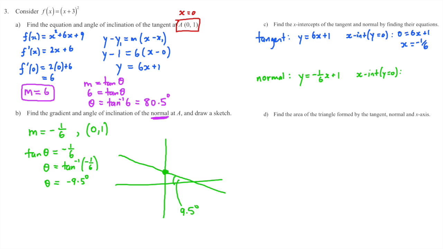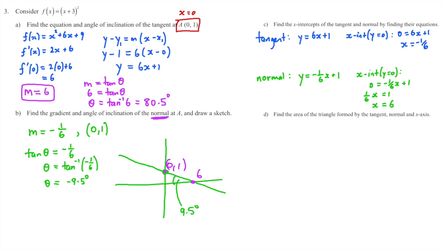If I let y equal 0, I get 0 equals minus 1 over 6 x plus 1. I'll add the 1 over 6x to the other side, times both sides by 6, and there's my answer. So the x-intercept is 6. So if I go back over to this graph, that's at 6, and that we know is at 0, 1.